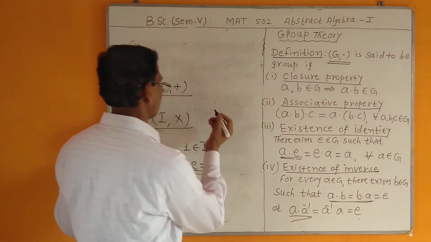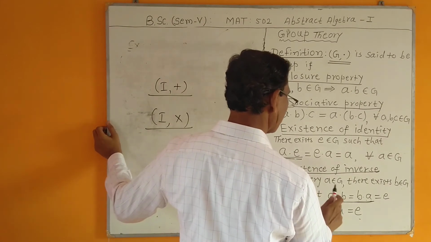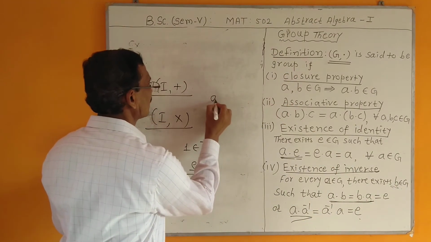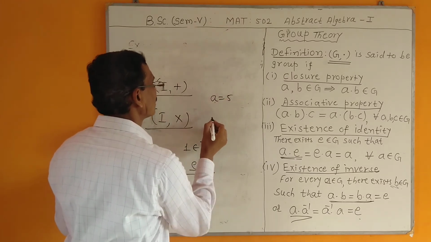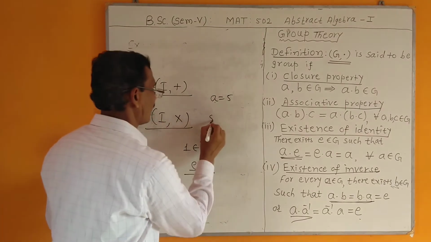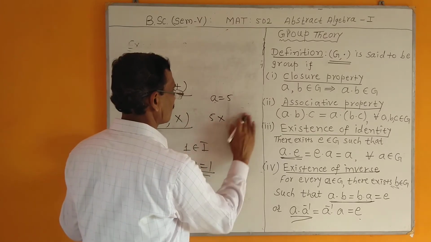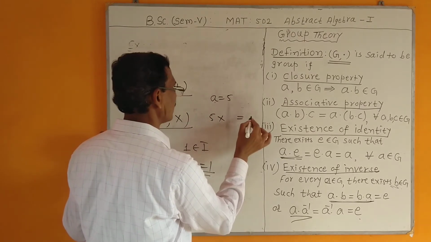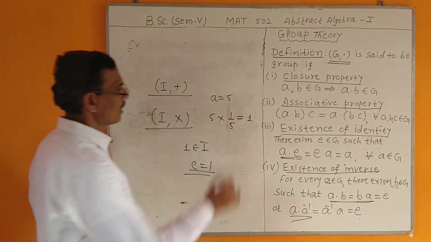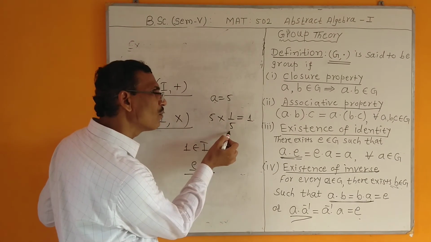For example, it must be true for every A and B belonging to G. If you consider A is equal to 5, then 5 into which element is equal to 1? 5 into which element is equal to E, which is 1? Clearly it is 1 by 5. 5 into 1 by 5 is equal to 1. That means the inverse of 5 is 1 by 5.